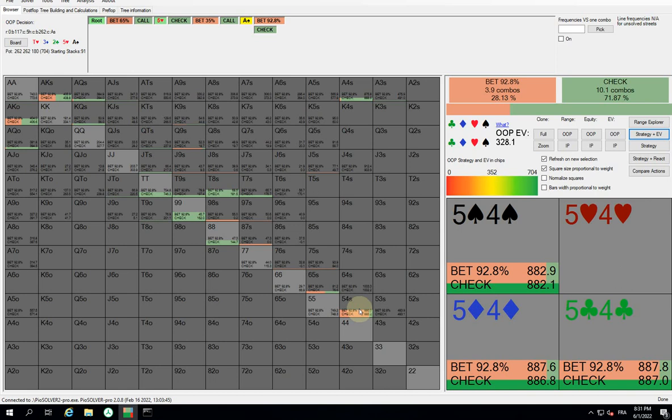So 88 for a pot size, sorry, in this simulation, which is 70. So the EV is like 1.2 times the pot size in both cases, whether we check or whether we bet.